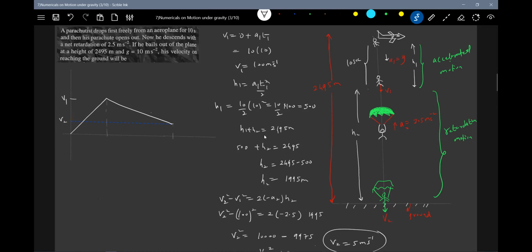Okay, this is the time, 10 seconds. After what time will you strike the ground, can we calculate? Yes, we can calculate that also. V2 equals V1 minus 2.5 T2. V1 is 100, V2 we know is 5, so 5 equals 100 minus 2.5 T2.